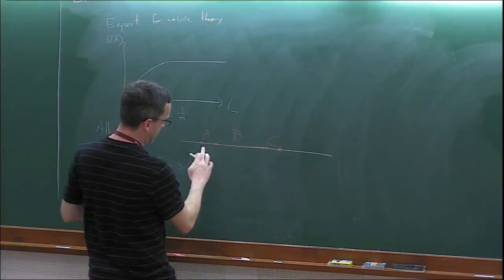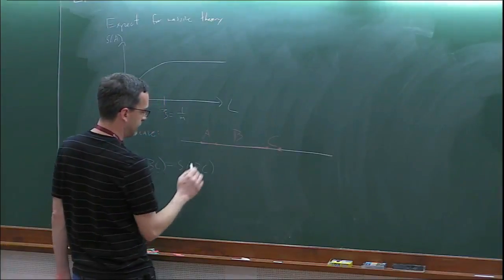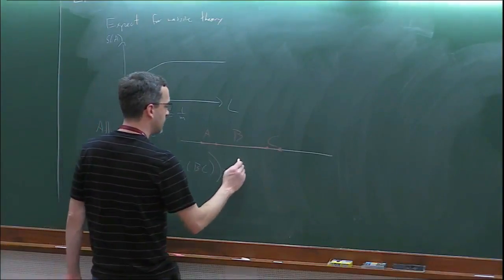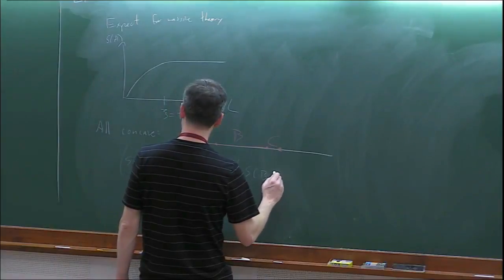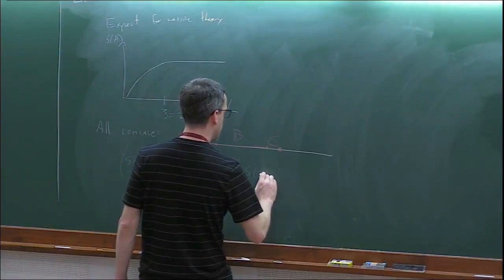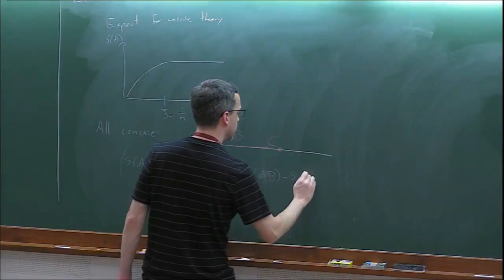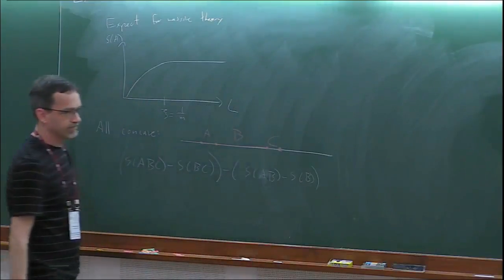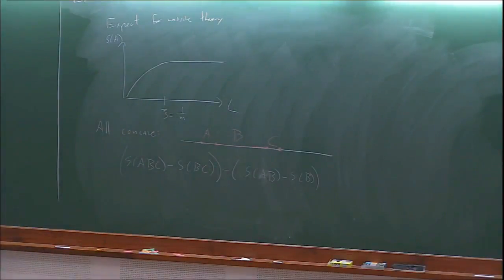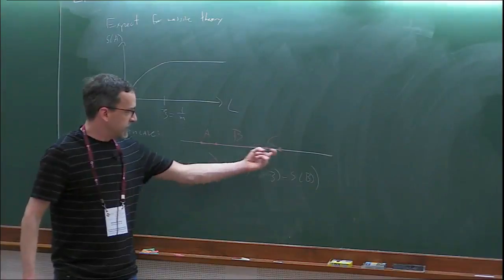That's essentially the derivative with respect to this left endpoint, minus AB minus B, which is the derivative with respect to the right endpoint.